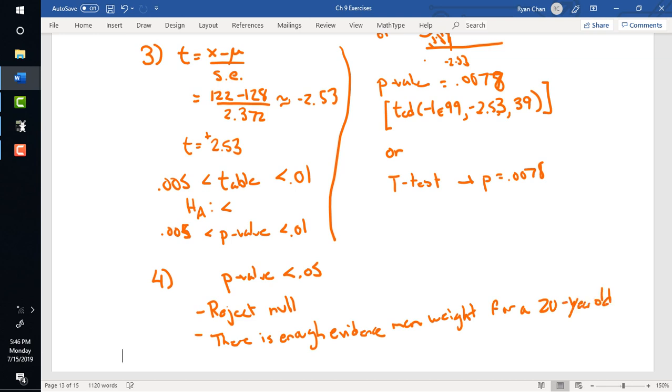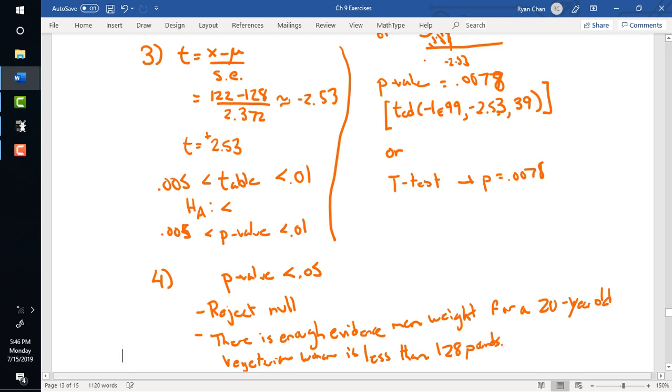So remember, all I'm doing is writing that last sentence out. And I'm just saying there is evidence for it. So remember, when you reject, there's evidence for your alternate. If you don't reject, there's not enough evidence for your alternate.